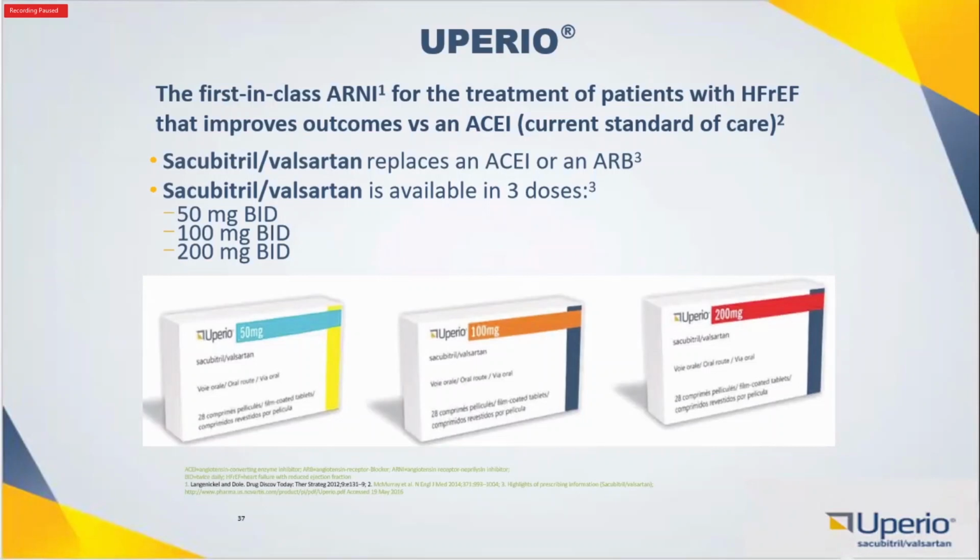So it is the first-in-class ARNI for the treatment of patients with HFrEF that improves outcomes versus an ACE inhibitor. So we are moving to the next frontier, the next level. We are moving from ACE inhibitors or ARBs to Uperio, which is a step further in the right direction.